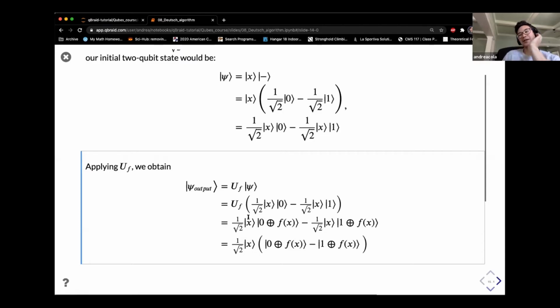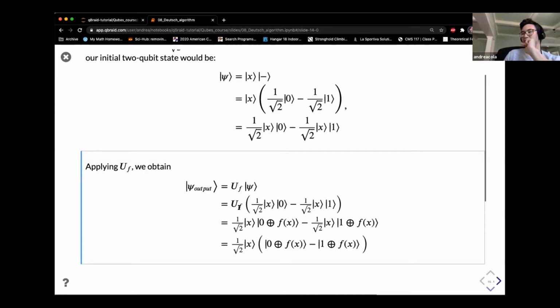So what you get in the third line is 1 over square root of 2 x, and then you have 0 plus f of x, because the y qubit is now 0, minus 1 over square root of 2 x, and then 1 plus (XOR) f of x, because in the second term the y qubit is 1.